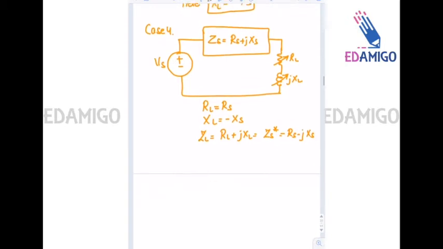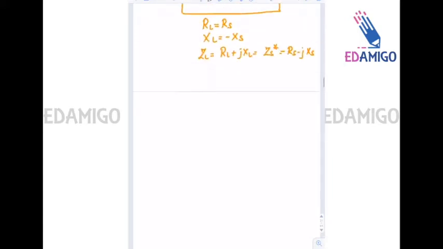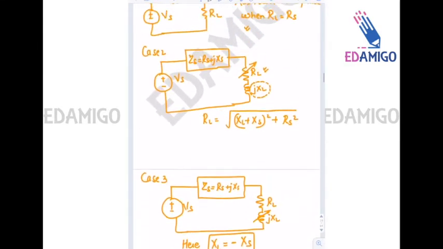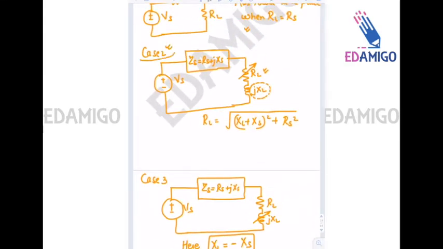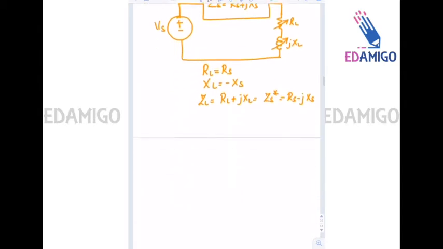Okay, so in the question that is given to us, we have only RL in the load. So we have case number 2 in the question. Let me redraw the circuit.